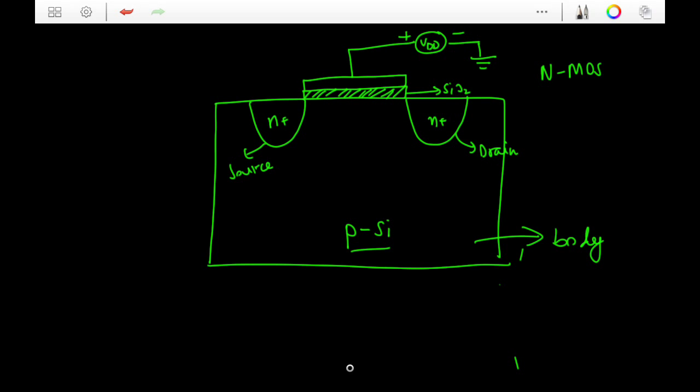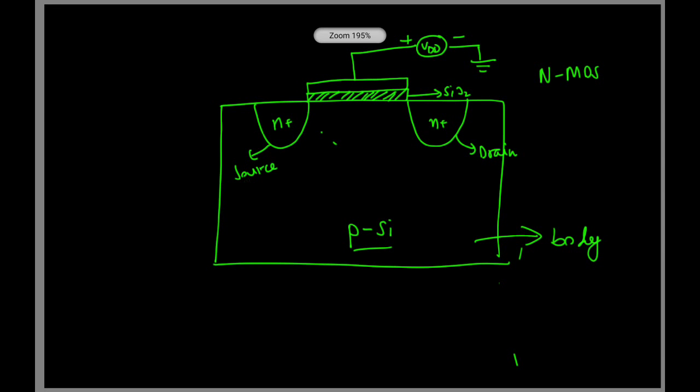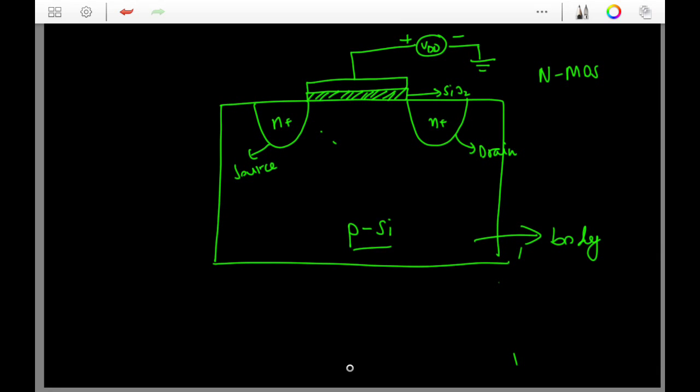Now the working of the MOS is like this. This region is basically a P region, you have holes over here. If you want to conduct a current between your source and your drain regions, you can do so through holes, but then the current will not transfer, because there are two diodes.